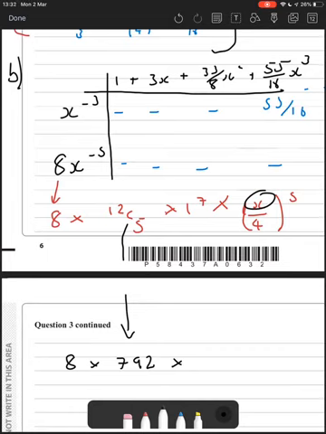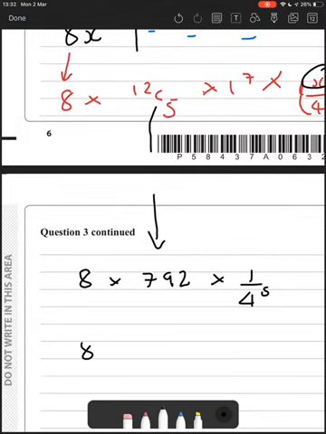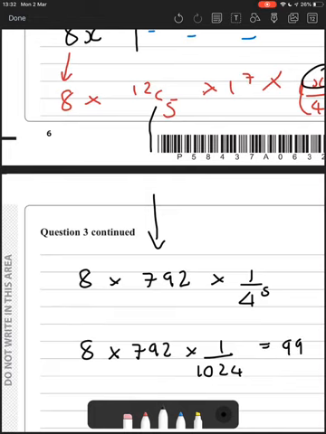So now I've got times 1 over 4 to the power 5 here. So on the next line, I've got 8 multiplied by 792 multiplied by 1 over 1024, which comes out at 99 over 16.